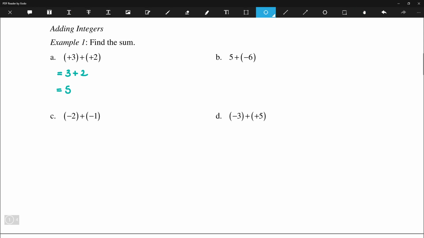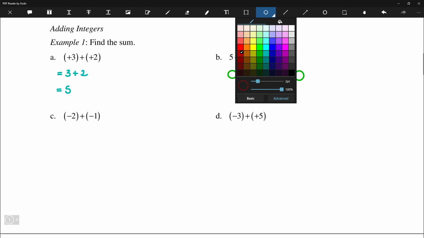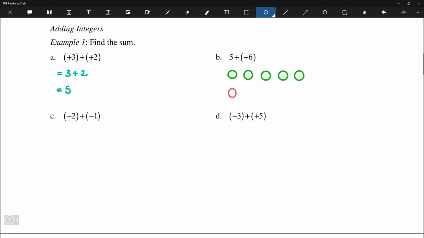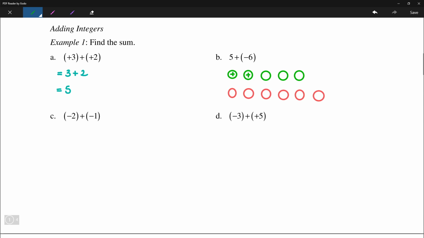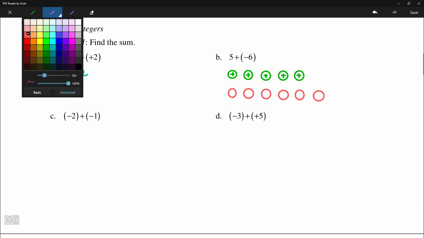So one way to illustrate what is happening is to use counters. So we have 5 positive 1 counters. Just going to draw circles to represent those. And then we have 6 negative 1 counters. So 1, 2, 3, 4, 5, and 6. Notice that each pair of positive and negative 1 counters would have a sum of 0.